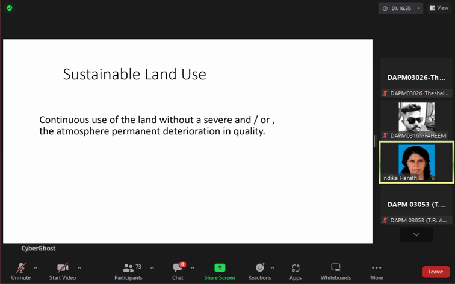If we can continue cultivation without that damage, then it is sustainable. But if, when we are using the land, we destroy or deteriorate the quality of the environment, then that is going to be a problem, right? In that case, we call it unsustainable. Sustainability is using for a long period of time without any harm to the environment.